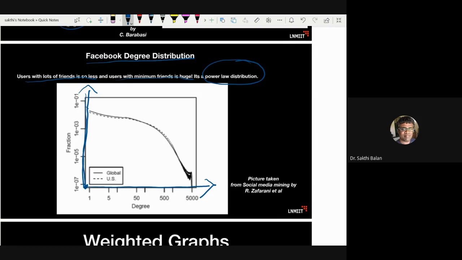So there are many users with the minimum friends, okay, but there are a few users who are having many friends. So this is something like, for example, if you take Twitter, right? Even you can take Facebook also.